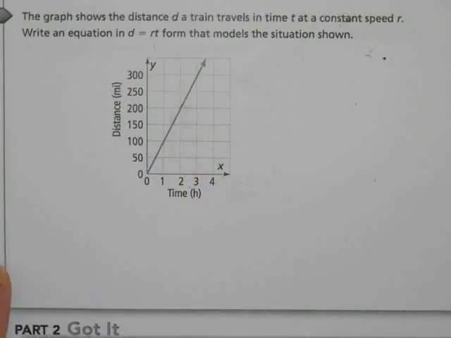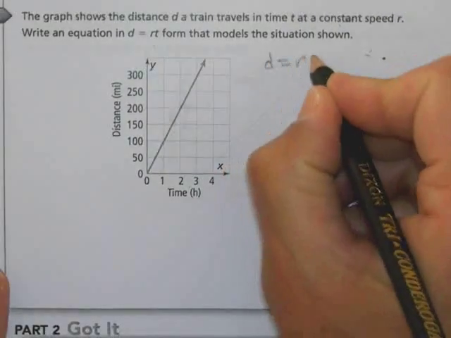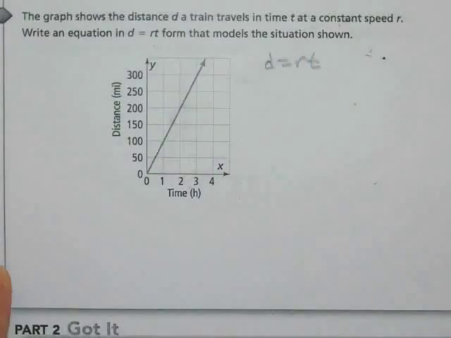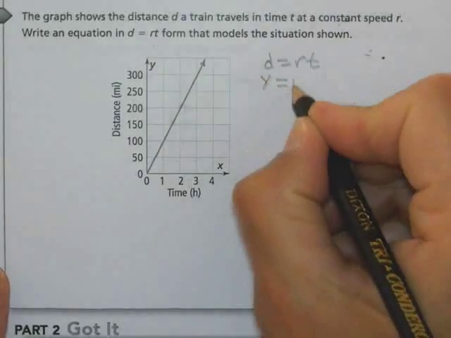So the question is, what do you need to do here? Well, you need to figure out what operation is being performed on the x value to generate the y value. And this problem is written in this form, d equals rt, which is a variation on a form that you're going to be using a lot, which is y equals mx.